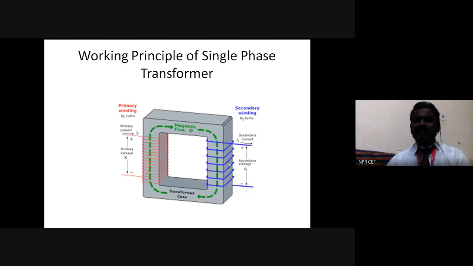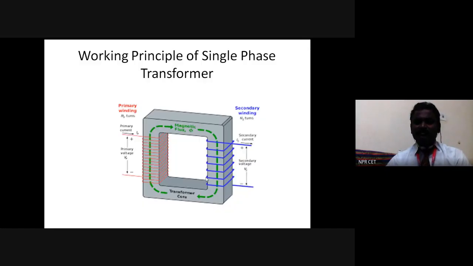The flux linking to the secondary winding is the mutual flux. Due to the mutual flux, which cuts the secondary winding also, EMF is again induced in it.